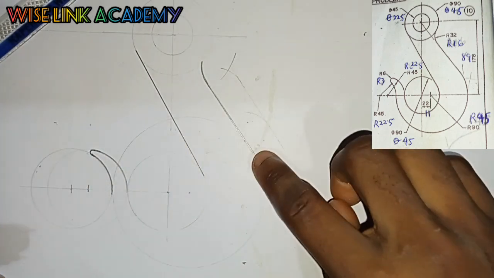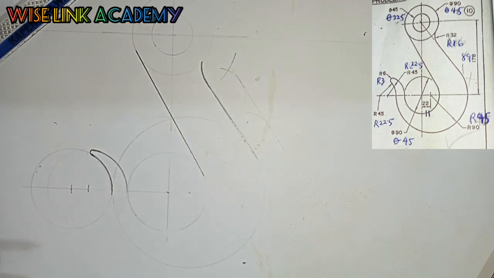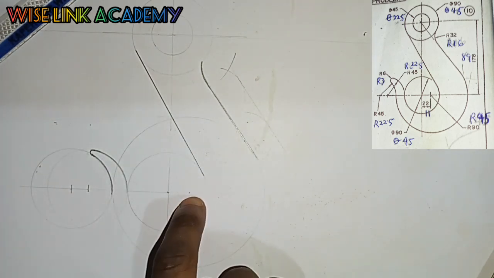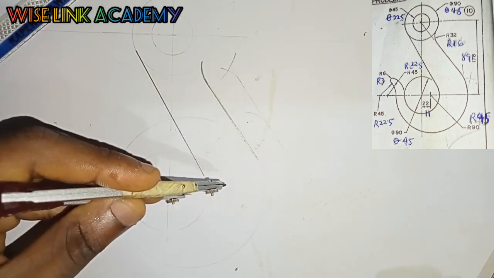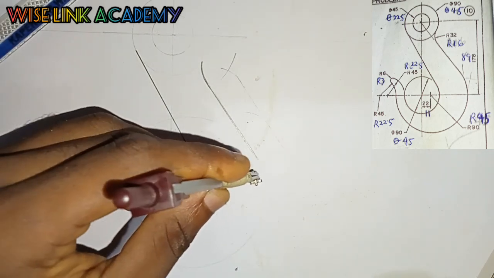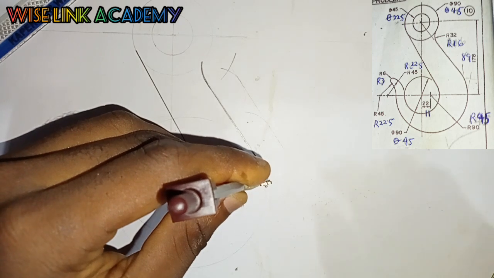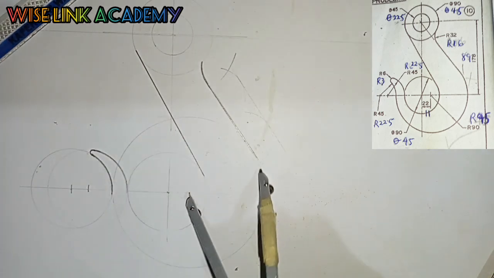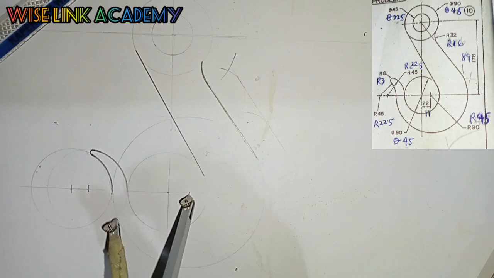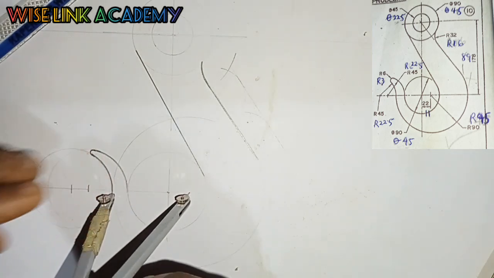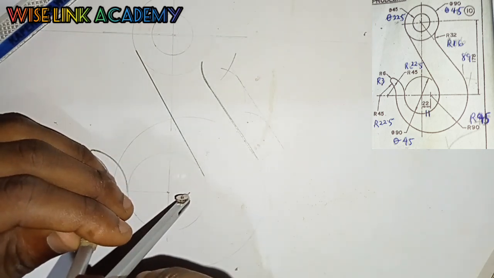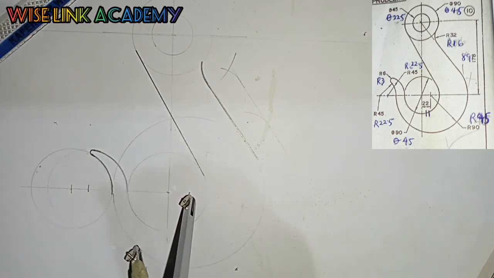So the next thing to do, let's take in this part. You know, when you want to draw this big circle, you start from this point here. So you take your meter like this to that point. So you draw it with a tick.